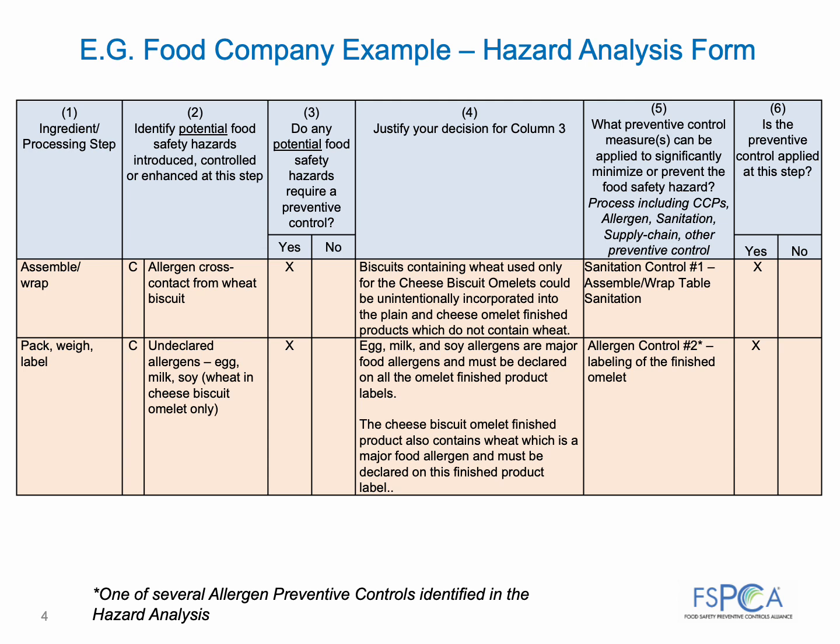The justification, column 4, identifies how the wheat from the biscuit used in the cheese biscuit omelet could be unintentionally incorporated into the plain and cheese omelet finished products which do not contain wheat. Column 5 identifies the preventive control to address the allergen concern, which is sanitation control number 1, assemble wrap table sanitation, which will be discussed further in Chapter 12.